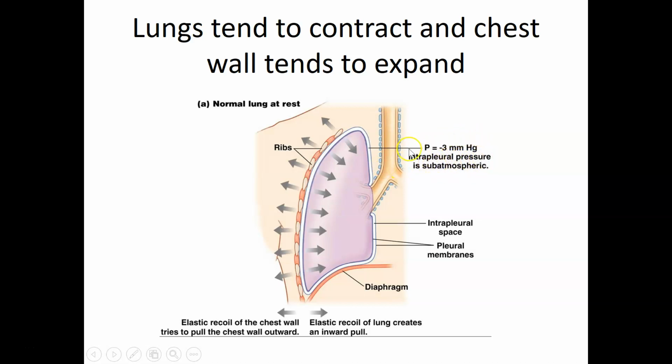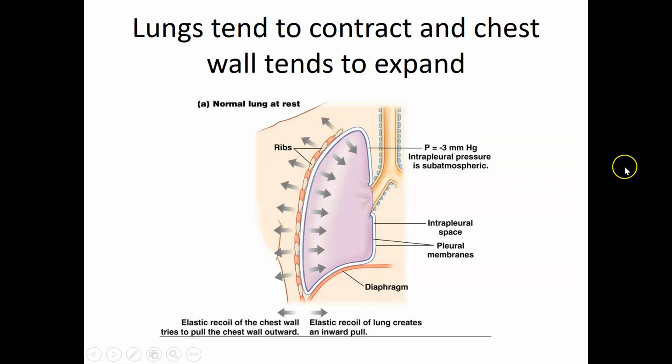Intrapleural pressure is about -3 millimeters of mercury compared to the intrapulmonary pressure, air pressure within the lungs. Okay, so that slight negative pressure in the pleural cavity is what's keeping the surface of the lungs adhered to the inside of the body wall.